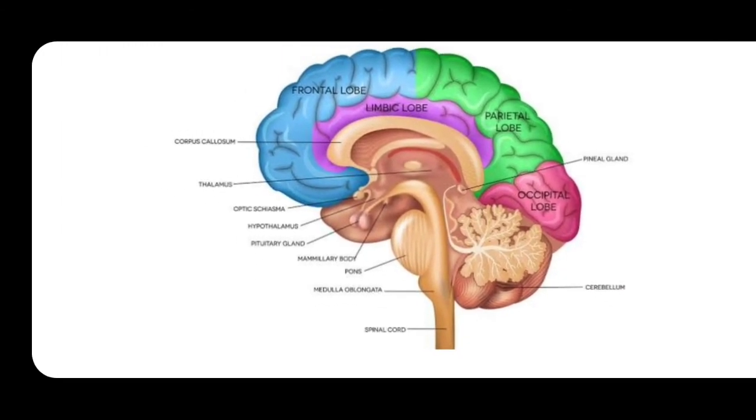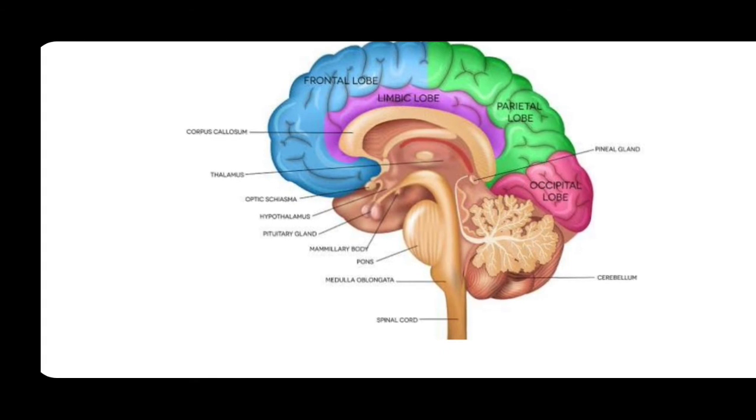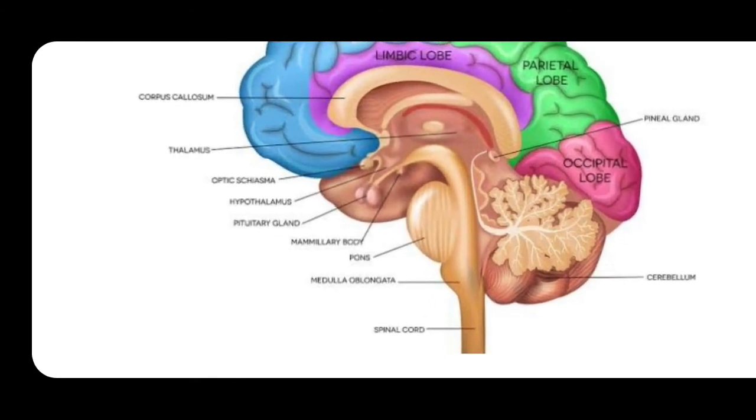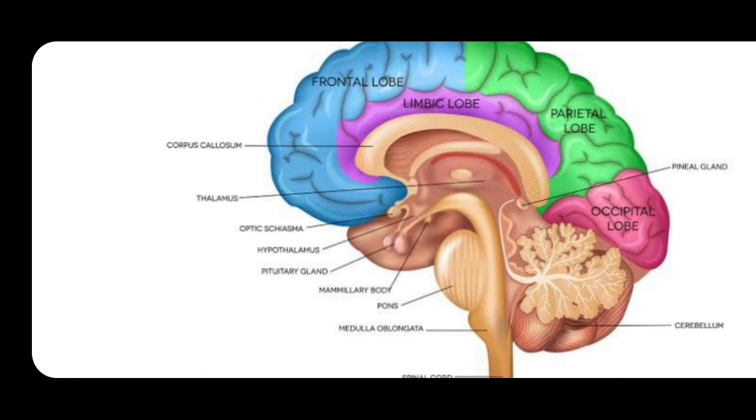In today's class, you have come across the corpus callosum, where the two cerebral hemispheres are interconnected by a network of nerve fibers. Then you have come across the major part of the forebrain, the thalamus, which coordinates motor and sensory signaling.